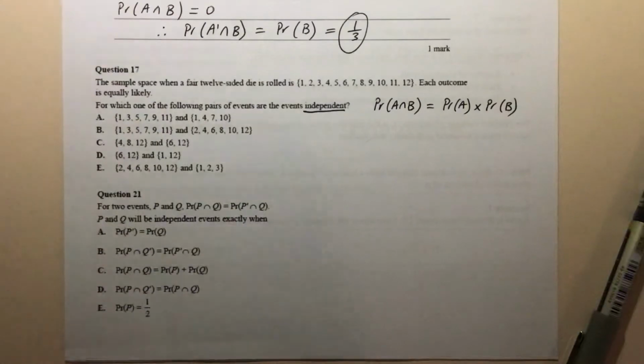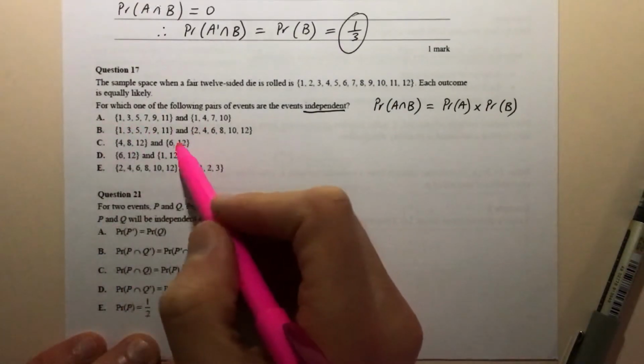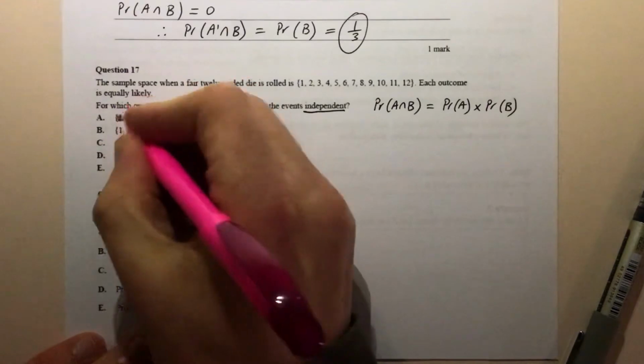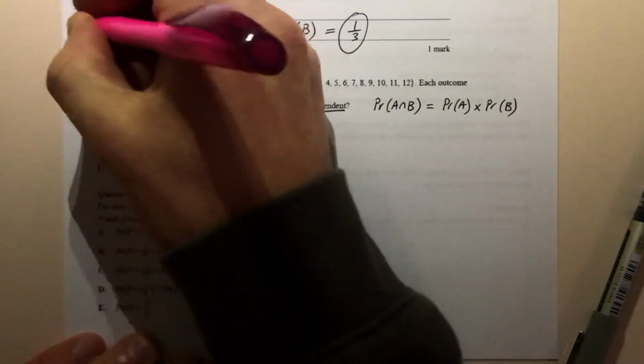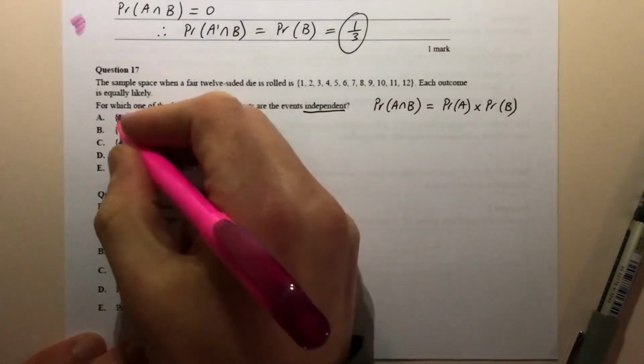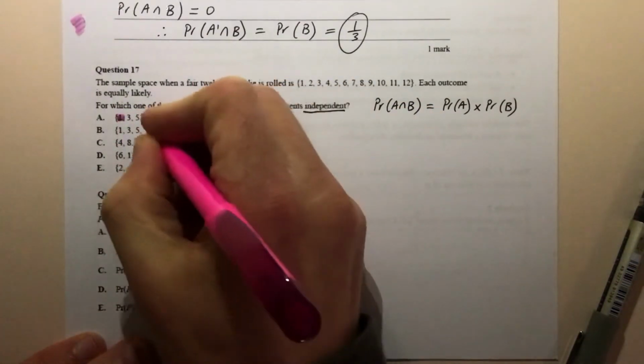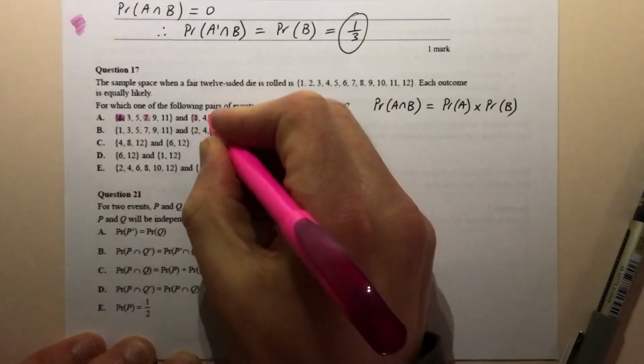For example, let's test option A. This is actually one of those questions where the only way to answer it is to test every option. So if I'm looking for the numbers that are in both sets, I've got the number 1 in both sets, and the number 7 in both sets.